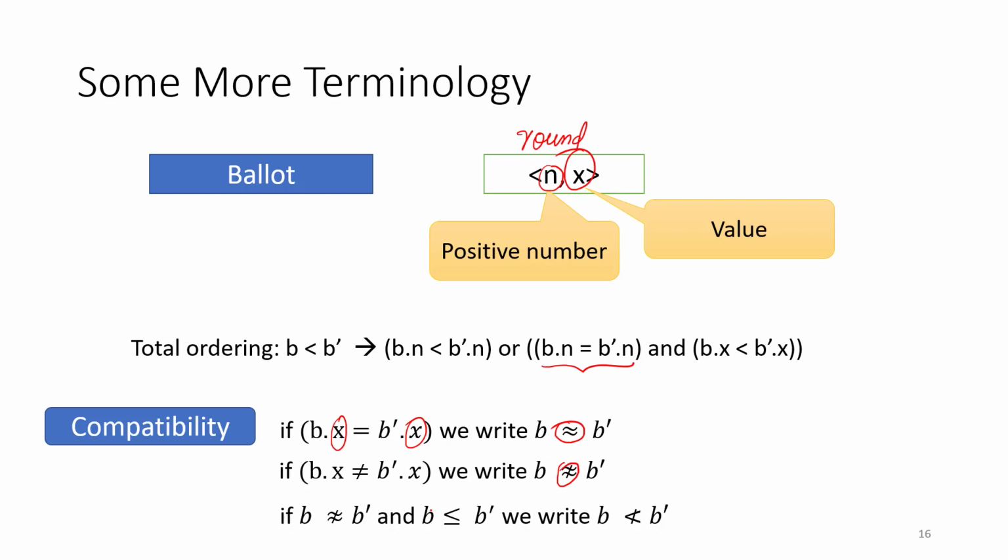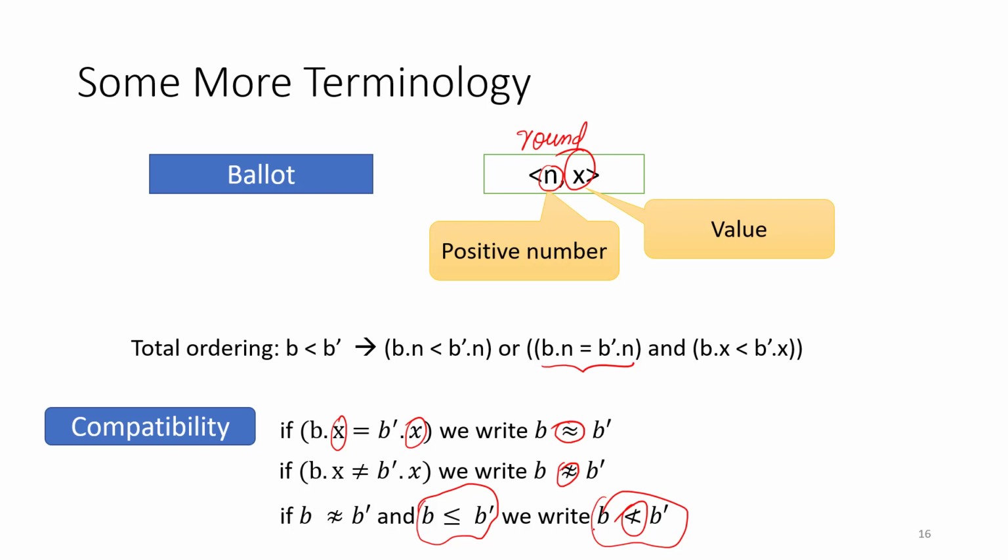The term that we will use assumes that b is less than or equal to b dash, in the sense that the numbers are less than or equal, following the same notion of equality and less than over here. So if we have this and the ballots are incompatible, we write b, hopefully this is clear.